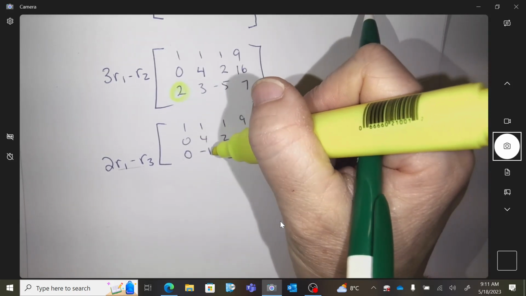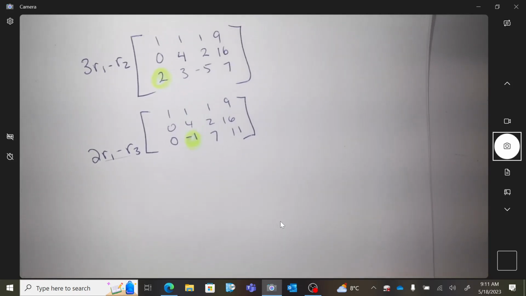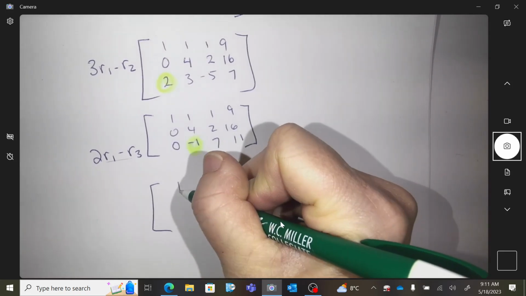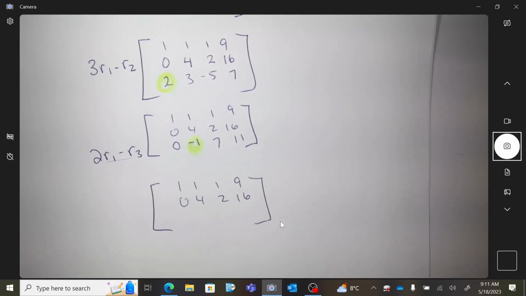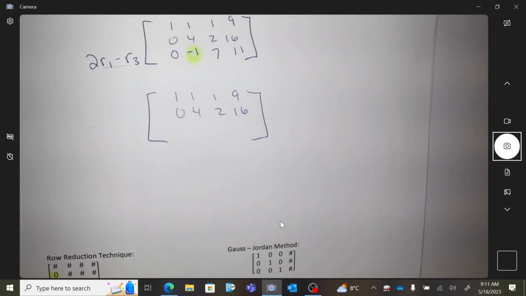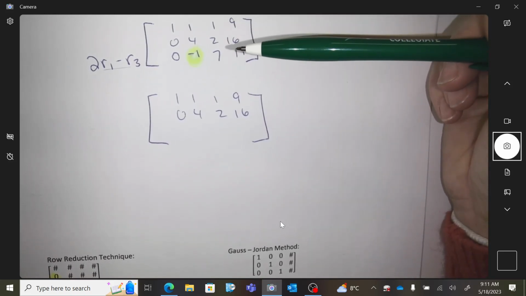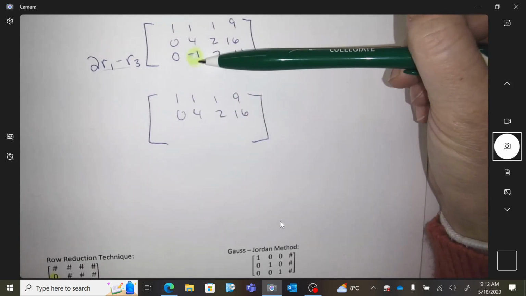Okay, next and last, we're going to attack that number. I need a 0 in that spot. Okay, so copy the first 2 rows because those aren't going to change right now, but the 3rd row is. Okay, how do I attack this number?